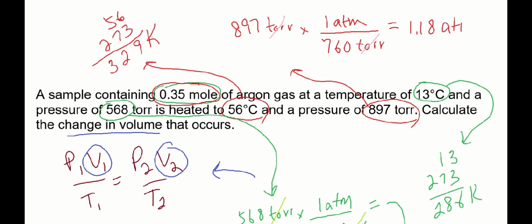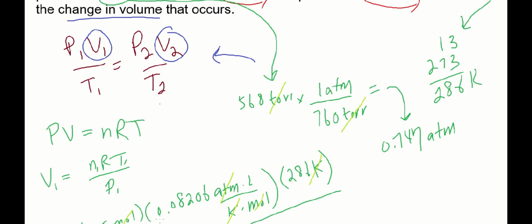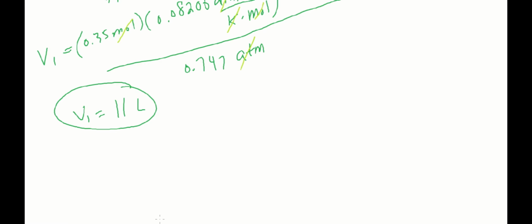So we got 1.18 atmospheres. That's our final pressure. Let's plug these numbers in to get the final volume. So the number of moles hasn't changed. It's still 0.35 moles.